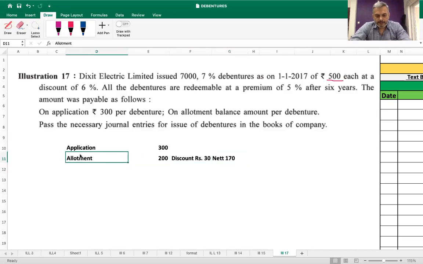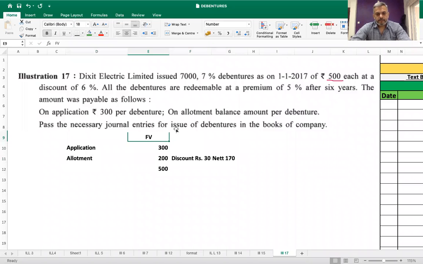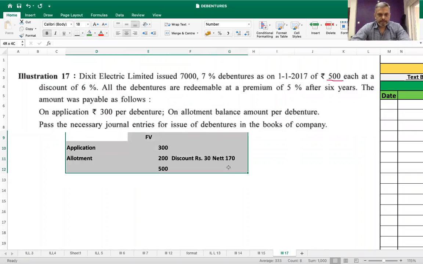So on allotment, we will be collecting 170 rupees. Please do this small working which I have done over here. So total is 500 face value.